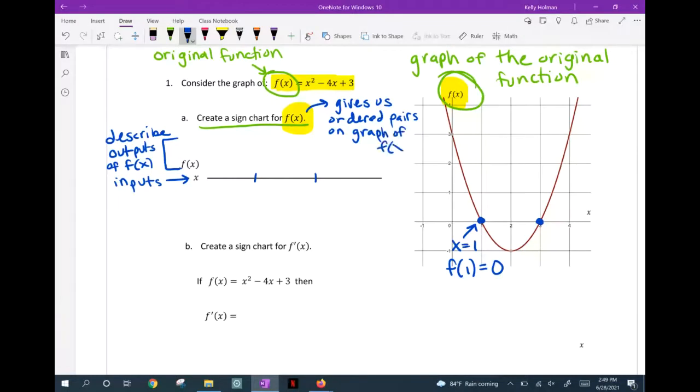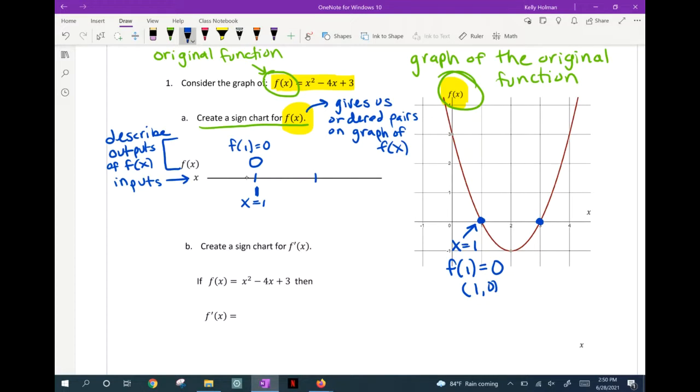So this is the ordered pair (1, 0). On the number line, they'll put a 1 below the tick mark and a 0 above. That 1 means your input was a 1, and that 0 means if you put 1 into the function, you get a 0 out.